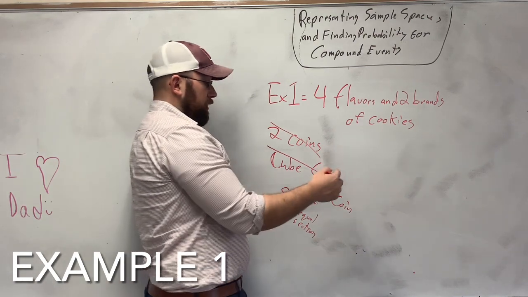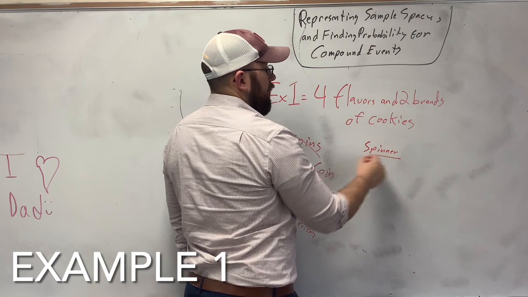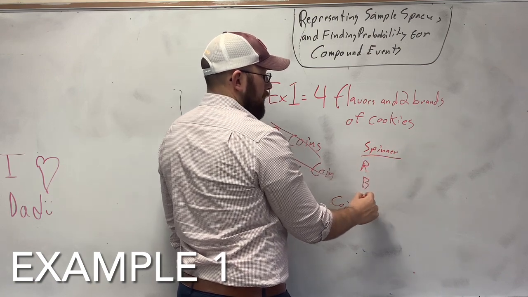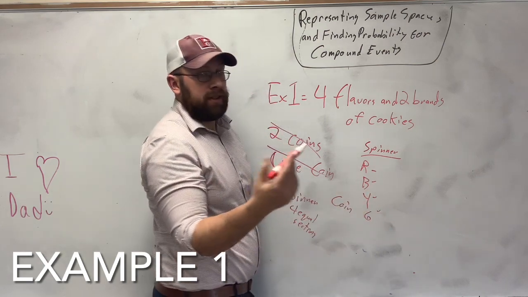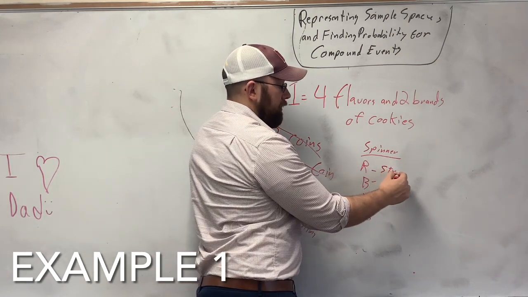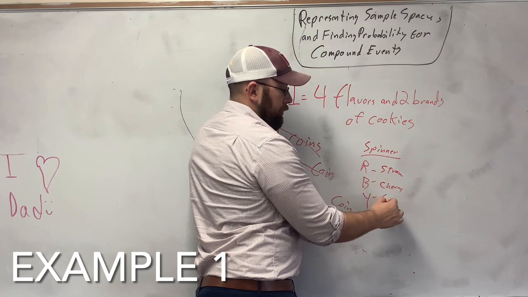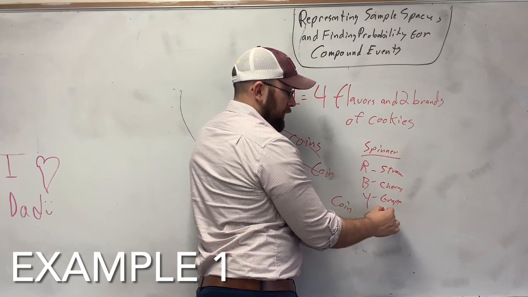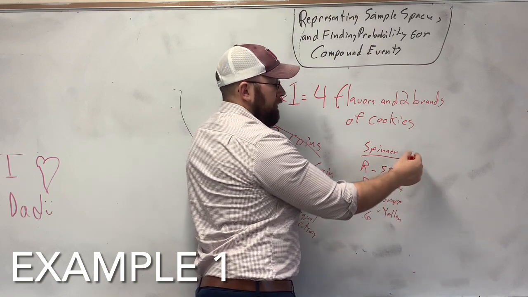So you could call your spinner sections red, blue, yellow, and green, and you could apply flavors to those. So strawberry, cherry, grape, and lemon cookies. Those are some weird flavored cookies or whatever.